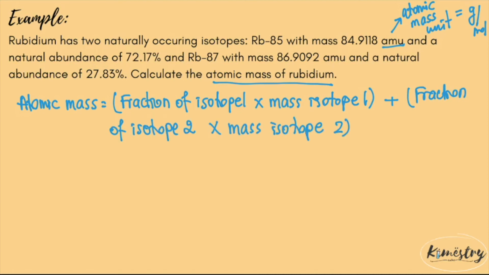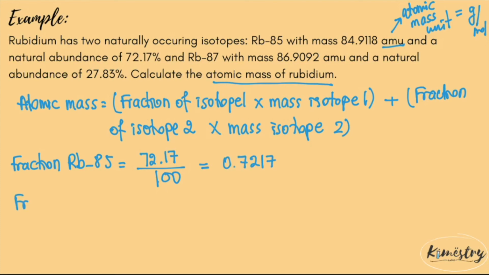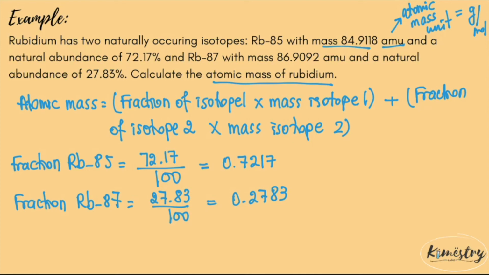So in this case, we know that fraction of isotope 1, which is Rb85, is equal to 72.17 divided by 100, which is equal to 0.7217. And fraction of isotope 2, which is Rb87, is equal to 27.83 divided by 100, which is 0.2783. So we can just plug in because we know the masses already.